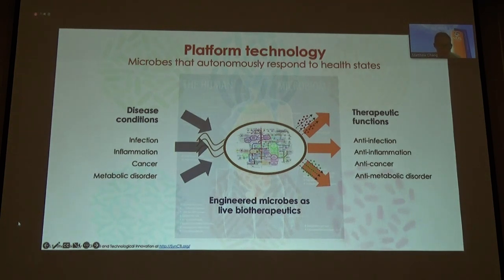This is a kind of long-term vision that we laid out a couple of years ago. My lab aspires to develop a platform technology where microbes can be reprogrammed or engineered to manage health and disease conditions.